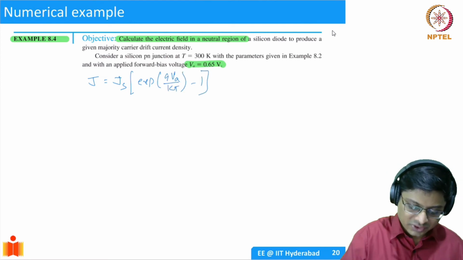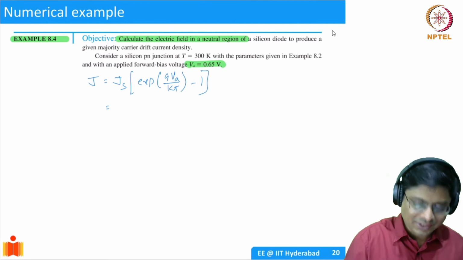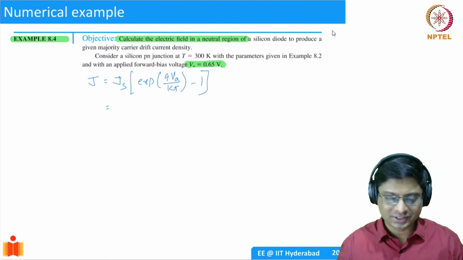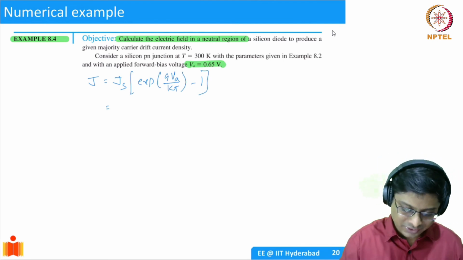Okay, so how much is this going to be? I'm not computing exactly, just doing a back of envelope calculation.